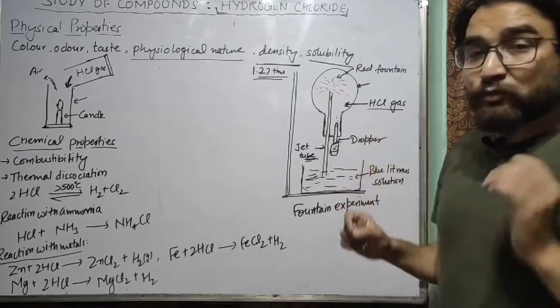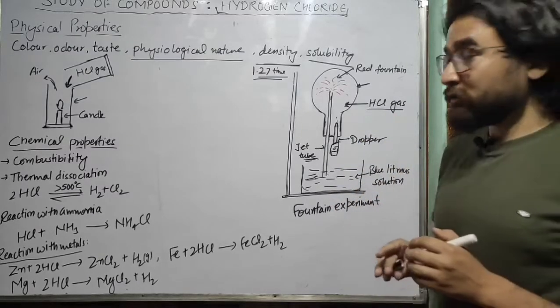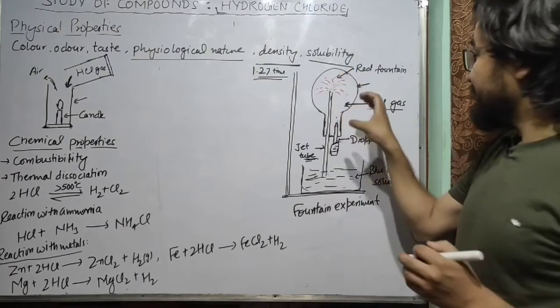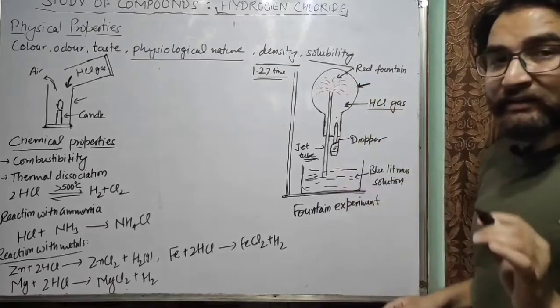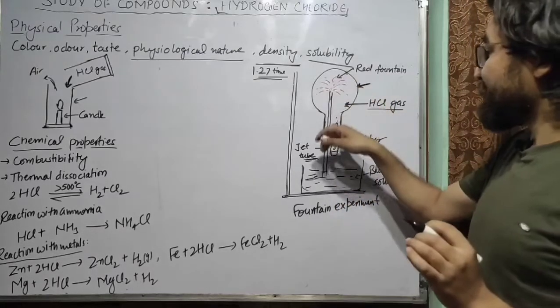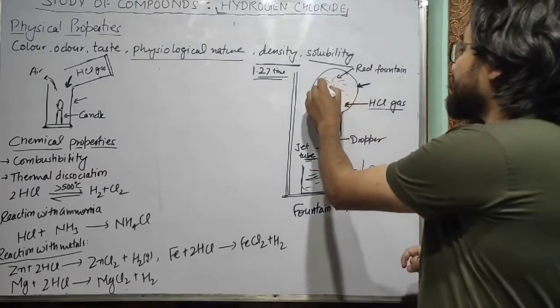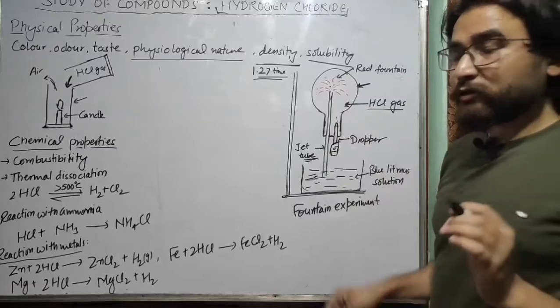So this proves that HCl is highly soluble in water, so that's why the partial vacuum is created in the flask. And the second thing which can be proved by the fountain experiment is that HCl is acidic in nature because it turns blue litmus solution red.